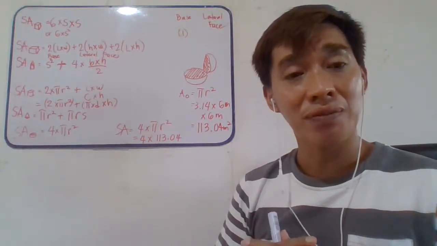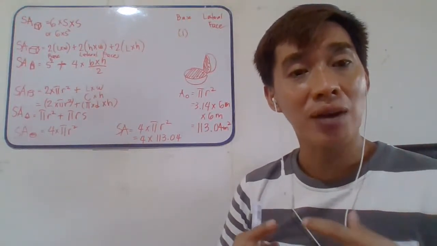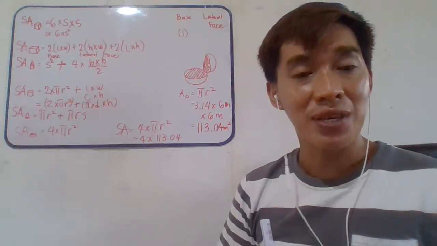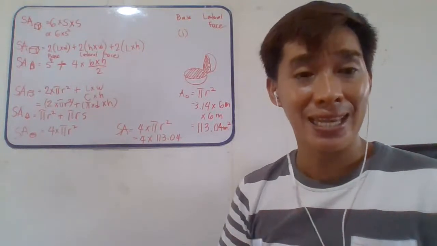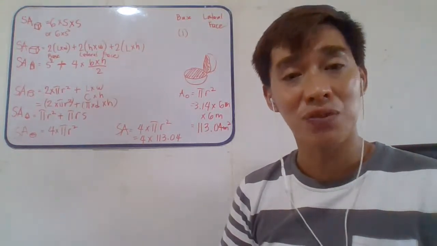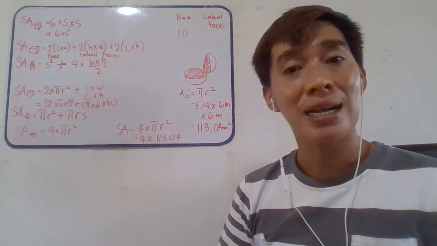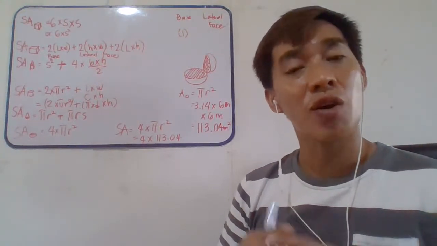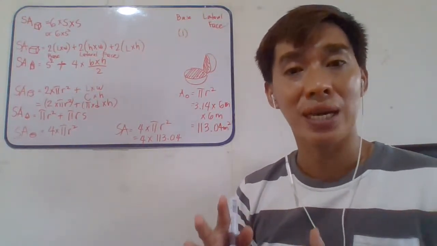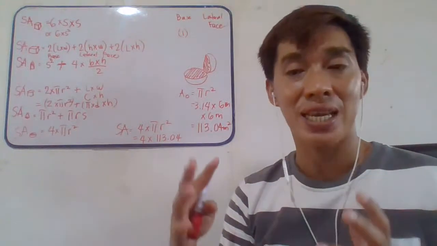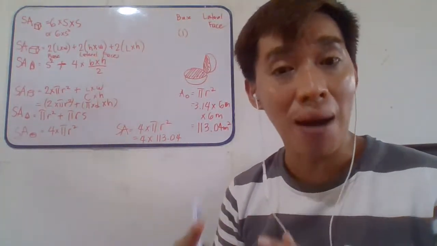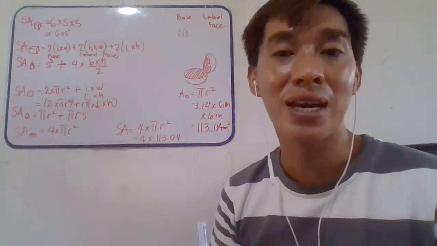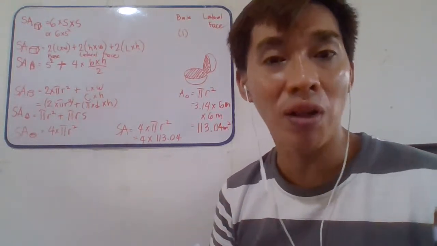I hope it's very helpful for you to understand how to get the surface area of any of the solid figures. Remember that in getting the surface area of any solid figure, you need to know the net of the figure first in order to visualize how to get the area of all the surfaces. You just get the area of all the surfaces and get their sum, because when we say surface area, that is the sum of all the surfaces.